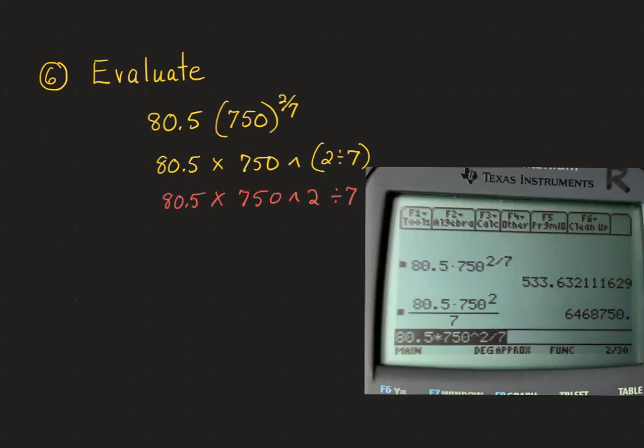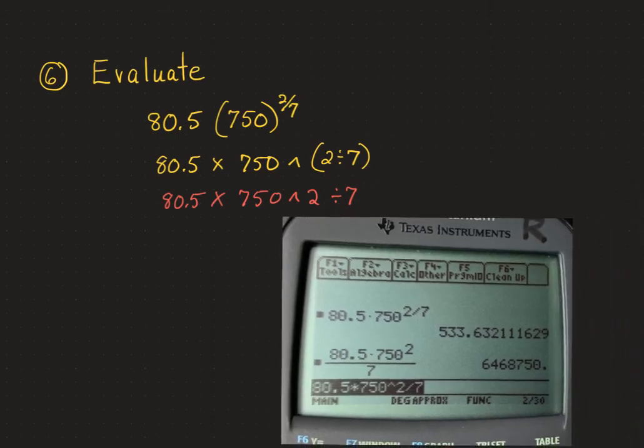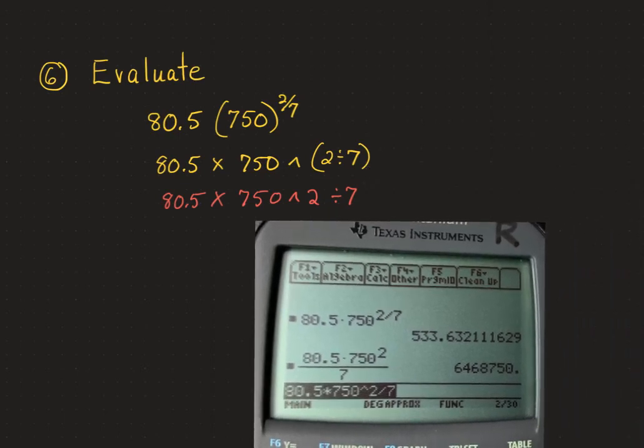So you see, we get very different answers. Be careful with your parentheses. So our evaluation of this problem should be that 80.5 times 750 raised to the 2/7 power is equal to 534.